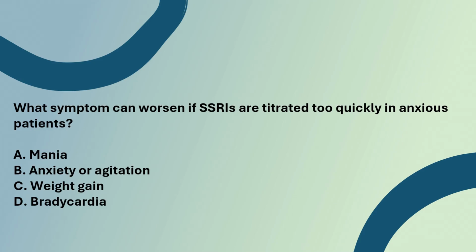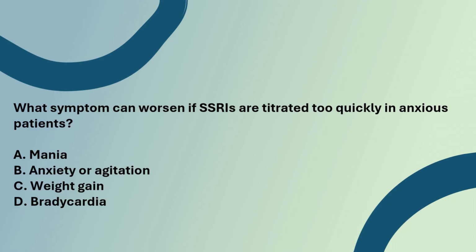What symptom can worsen if SSRIs are titrated too quickly in anxious patients? A, mania. B, anxiety or agitation. C, weight gain. D, bradycardia.